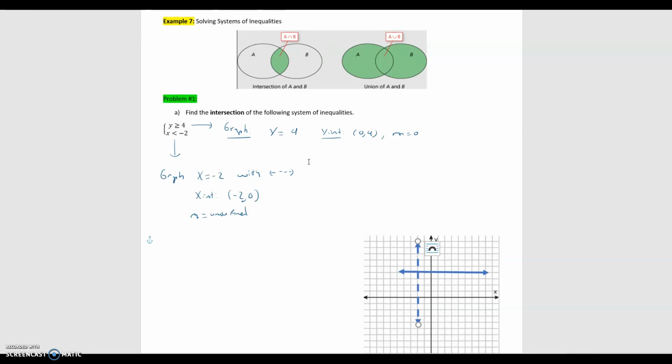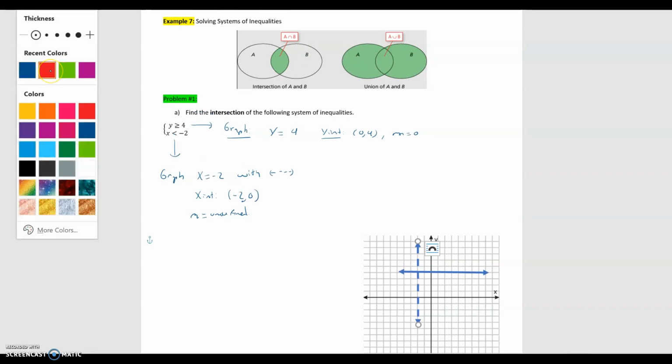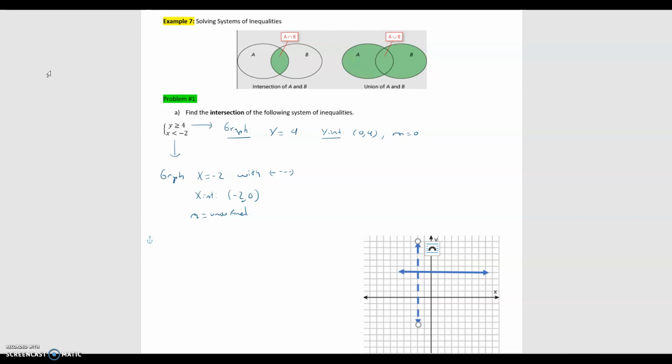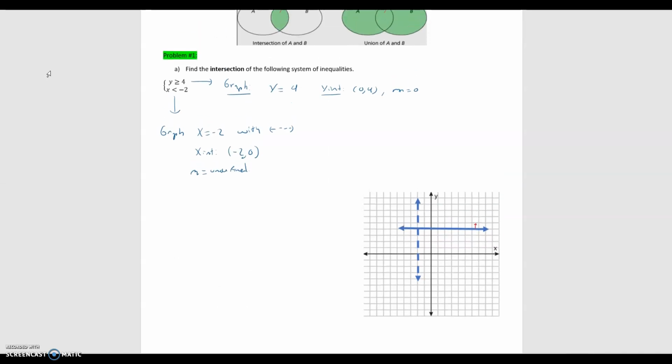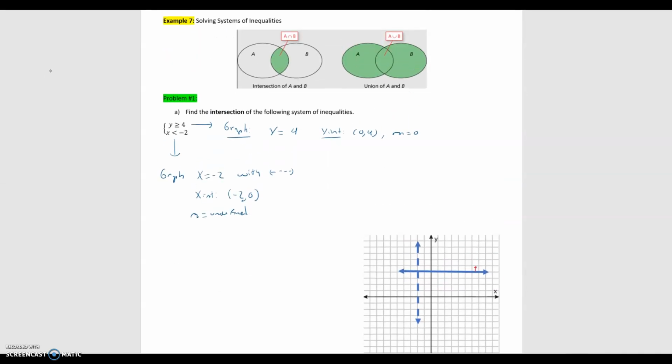Now, the next portion is the actual shortcut on the test points. For the first line, because it says greater than or equal to 4, greater means above, so we would be shading above the line. In this case, all the values above the line would be shaded.